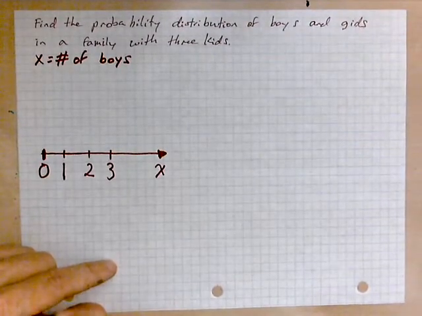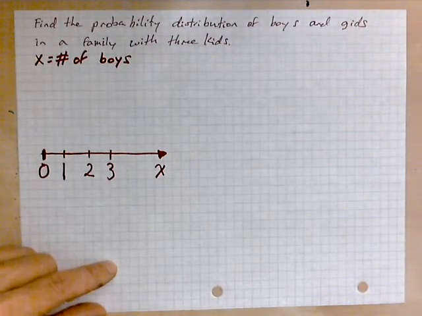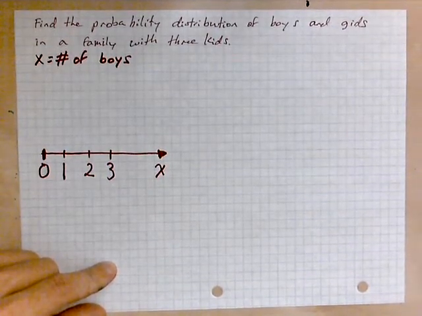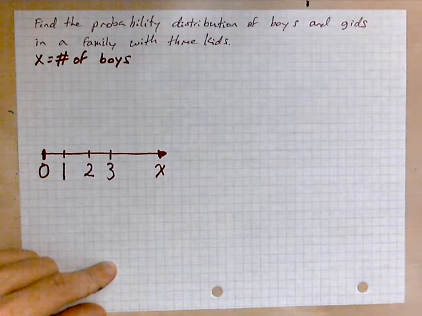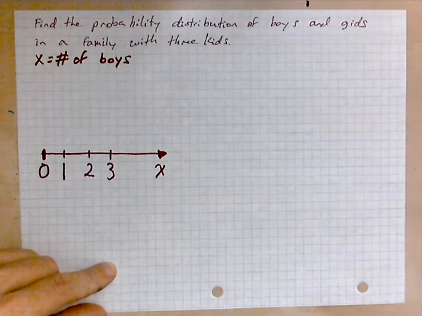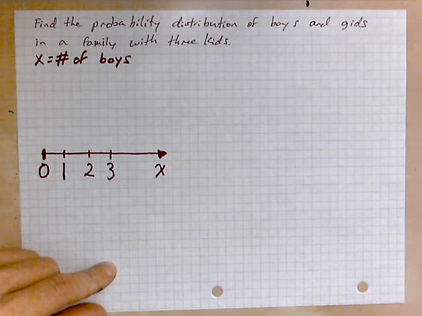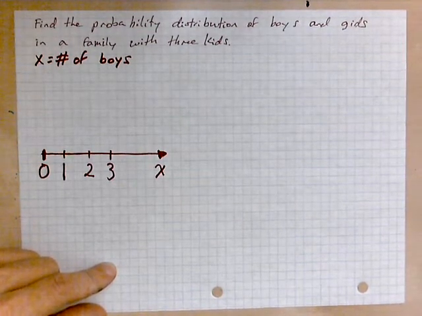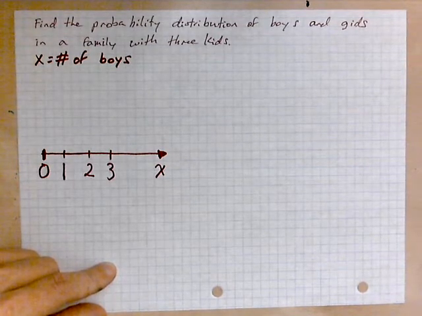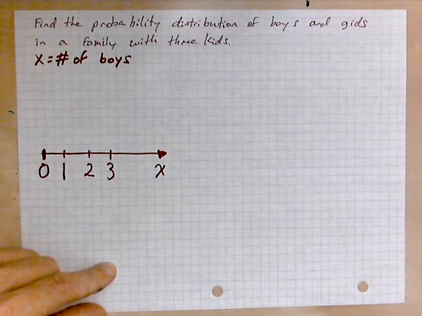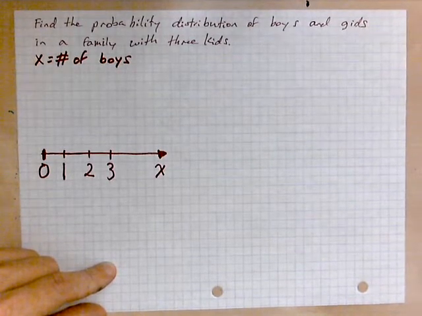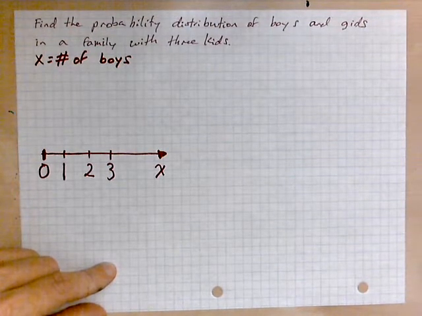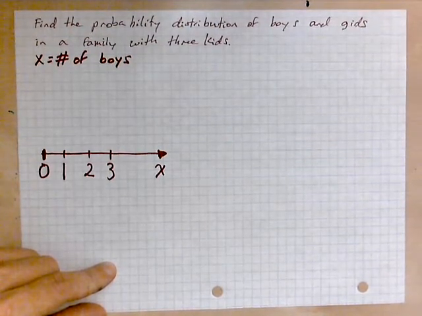So we know that these are the values of the random variable x. Now, what about the probabilities that go with these? What's the probability that you will have 0 boys? The probability you will have 1 boy, or 2 boys, or 3 boys. Well, this is a binomial distribution for the following reason. Every time you have a kid, the chance of having a boy or a girl is the same. And from one birth to the next, we have independence.